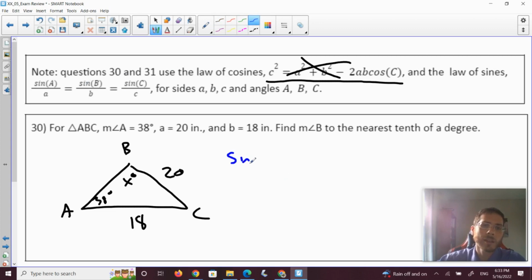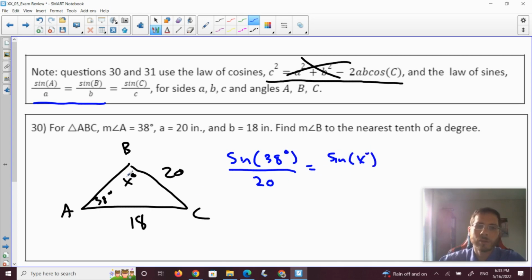So sine of 38 degrees over A, so over 20, equals sine of X degrees, because I don't know what that is, but it is for B, over 18. And I don't really need to use this part. I can just ignore that part because I got everything I need with the first equality.